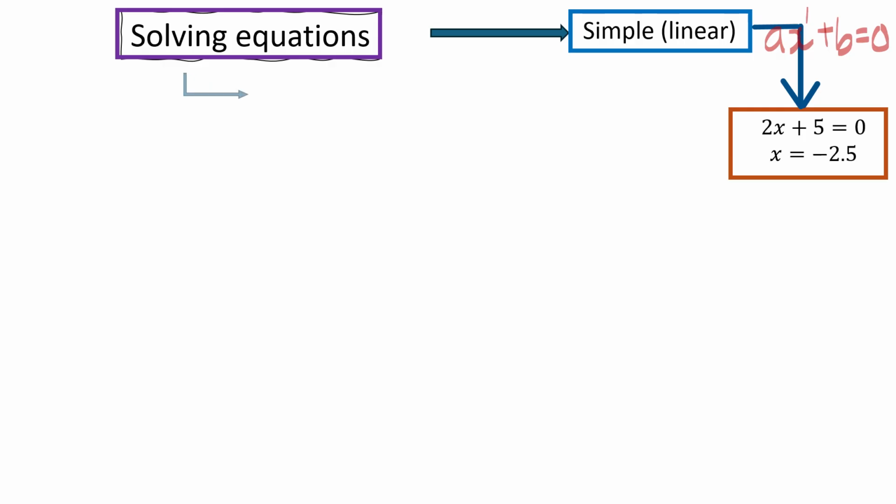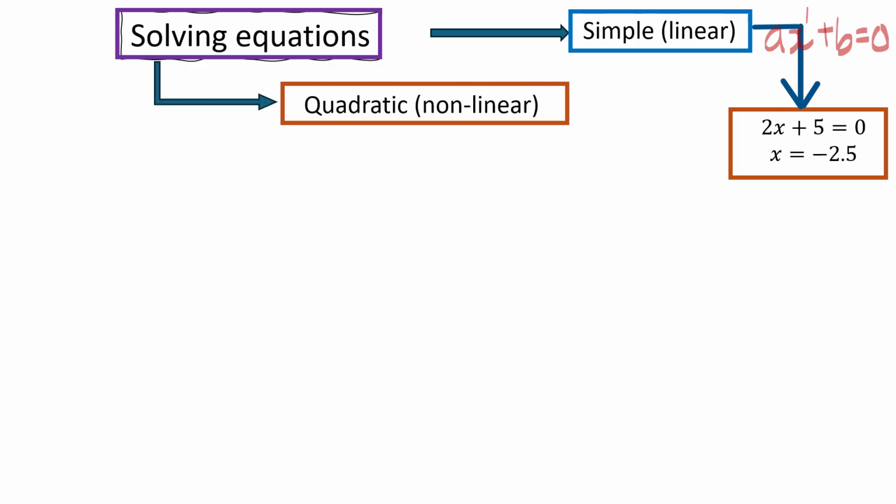If it's nonlinear, which means it could be a quadratic equation, and here we're dealing with quadratic equations only, where the highest power is 2, in the form ax squared plus bx plus c equals 0, then there are several ways to factorize the given equations before we solve it.